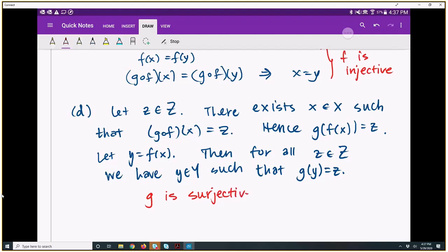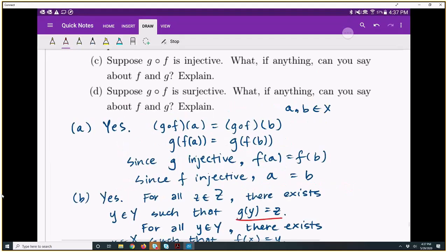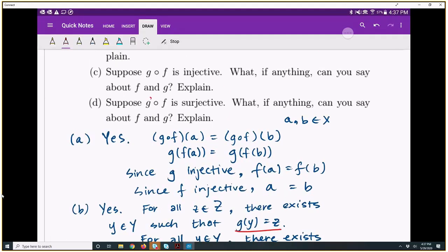So again, the question just asked us, is there anything we can say about this composition? And we can say, for sure g is surjective. I don't know about f. I didn't say anything about injectivity, but the composition being surjective means that this function g is surjective, or the composition being injective means that this function f is injective.